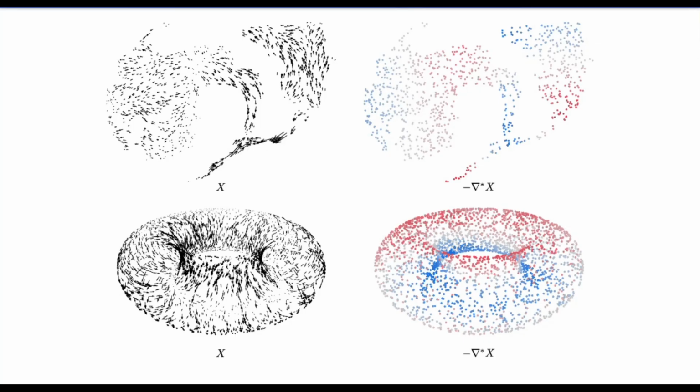Similarly, where X is contracting, we get these blue bits where the flow of X is coming in really quickly, so space is contracting, and you have a negative divergence there. Again, this is a non-manifold example on the top, to give a manifold example at the bottom. Similarly, you can see X is flowing from the top to the bottom, so it expands space on the top of the torus, and you have positive, and on the bottom it's negative.